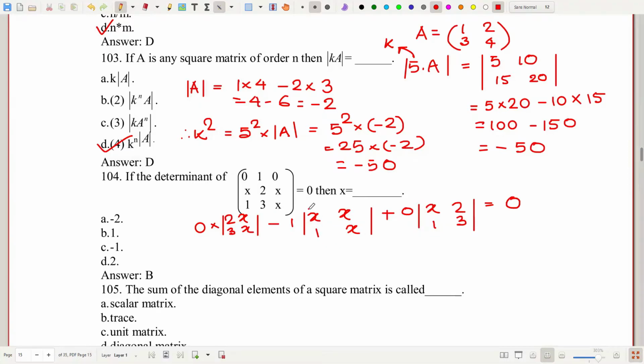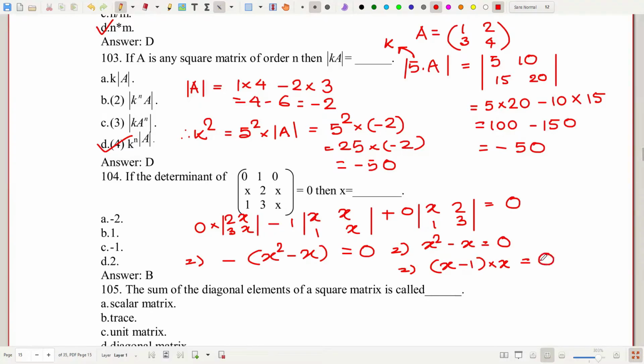Finally we get only the second portion: minus x square minus x is equal to 0, or x square minus x is equal to 0, or x minus 1 into x is equal to 0. So x is equal to 0 or 1. So here we can say the answer is 1.